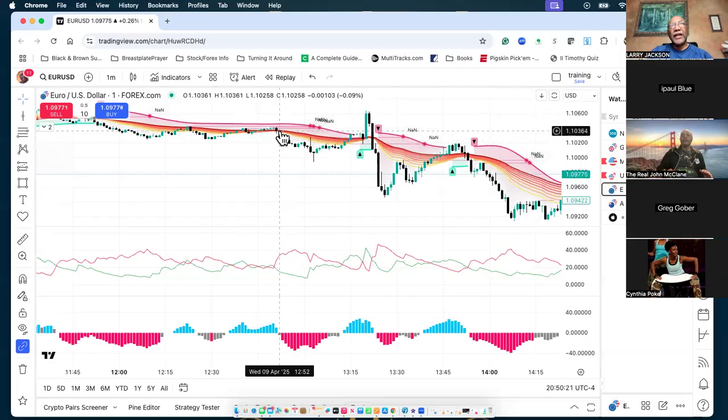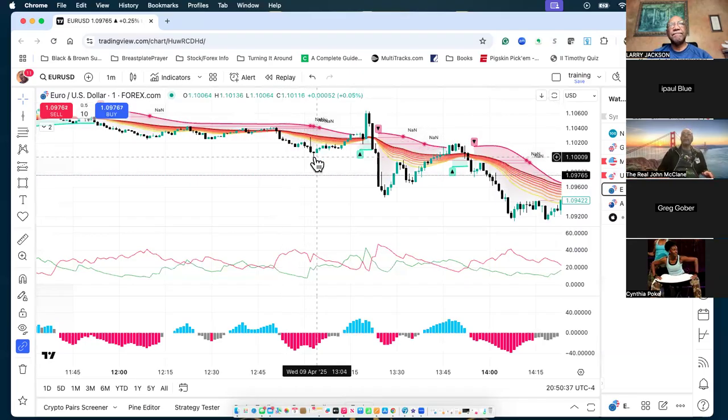Yeah. So when I break down, look at my DMI, that says sell. Look at my QQE, it says sell. So I'm good. I could take that for a short term trade, couldn't I?